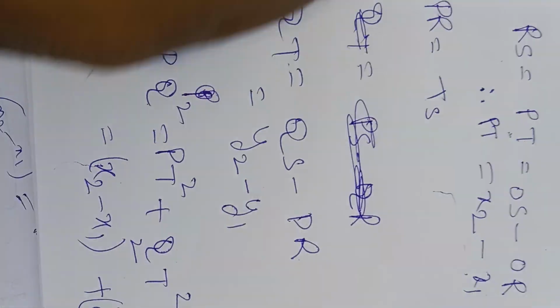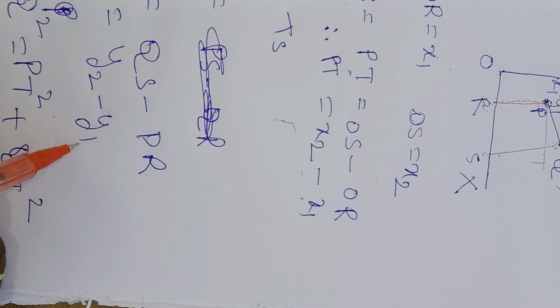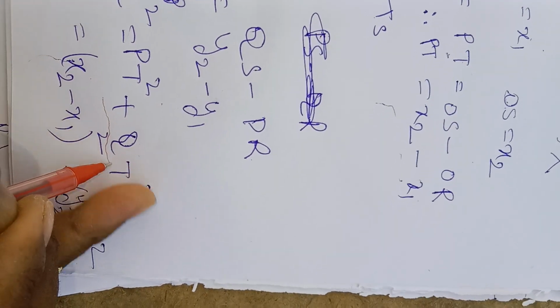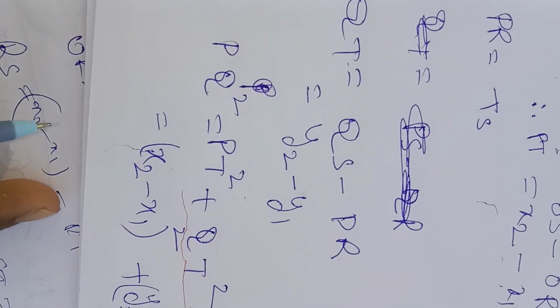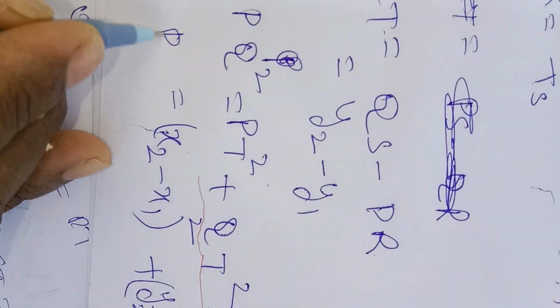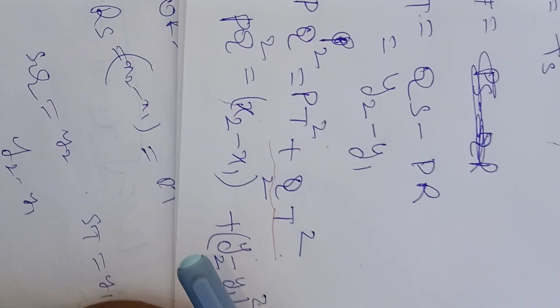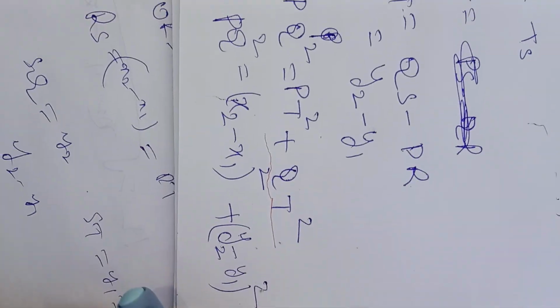Okay, PQ square is equal to x2 minus x1 whole square plus y2 minus y1 whole square.